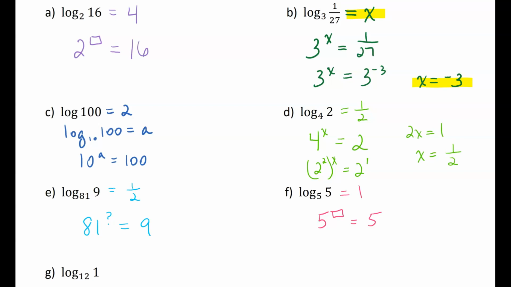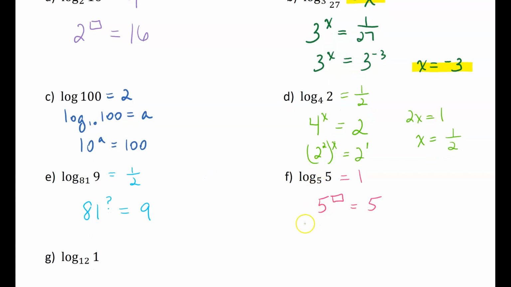So now I'm going to ask you, what if I asked you for log base 1000 of 1000? It's 1. What if I asked you for log base 72 of 72? 1. Log base 1,000,000 of 1,000,000 is still 1.